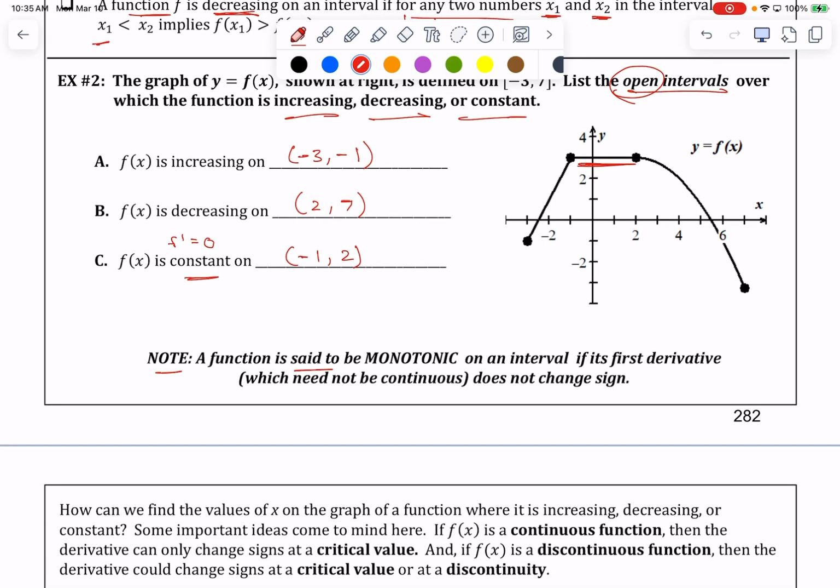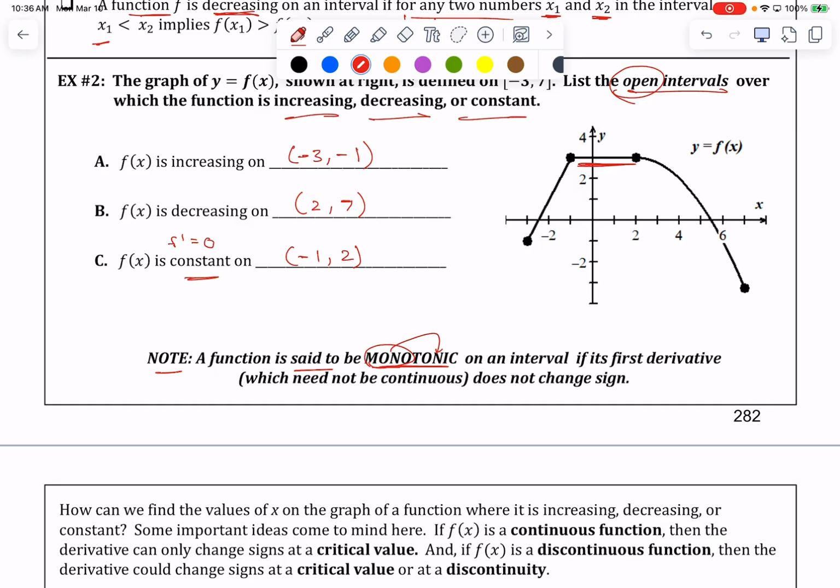Now, just a note here. A function is said to be monotonic, which means one tone. It overlaps into music: mono meaning one, tonic meaning tone. Basically it means it's strictly increasing or strictly decreasing, like in music you just play the same note.